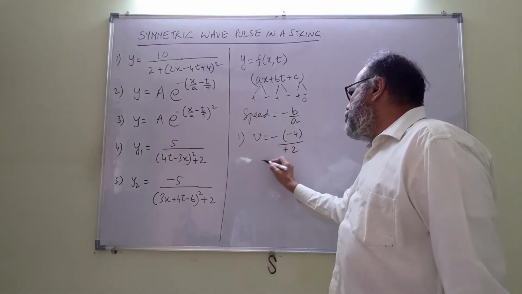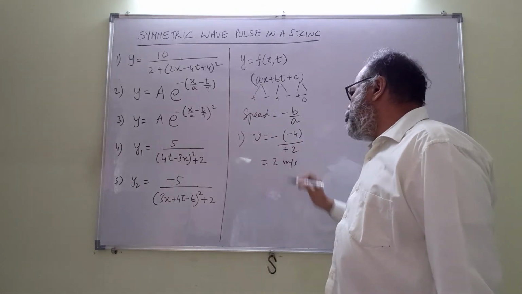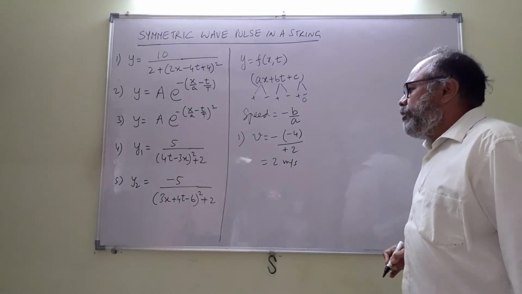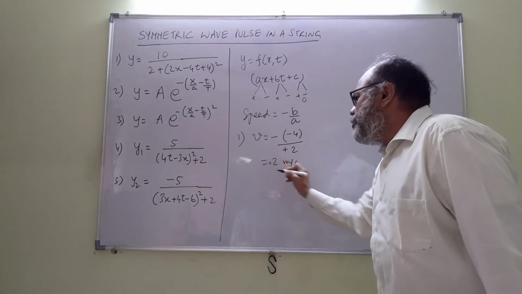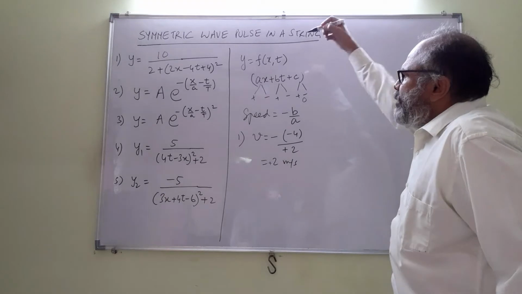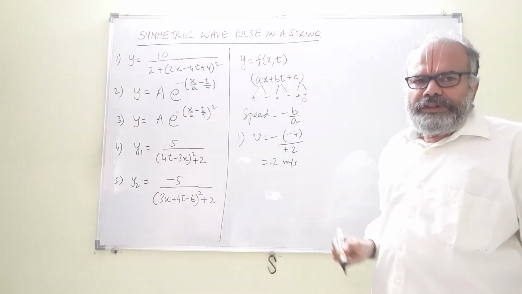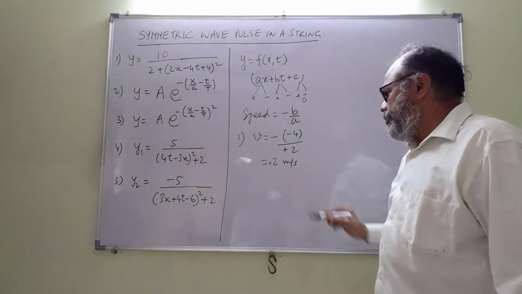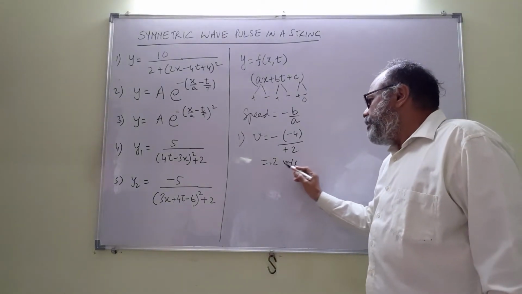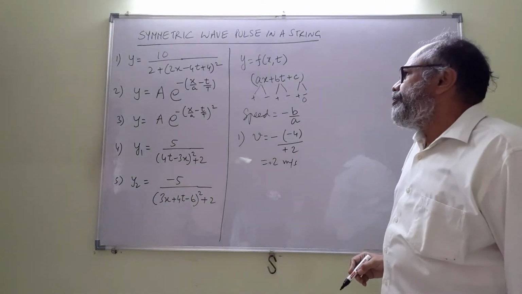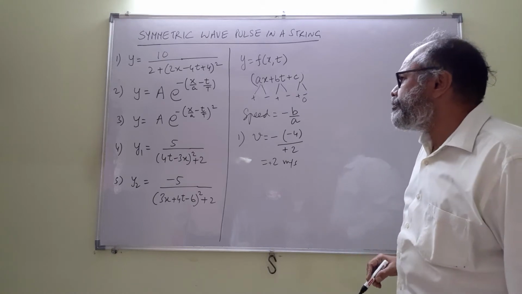That is plus 2. So you get 2 meters per second, assuming everything is in SI units. We must note that whenever a and b are of opposite signs, the wave travels in the positive x direction. So you get the speed as plus 2 meters per second.